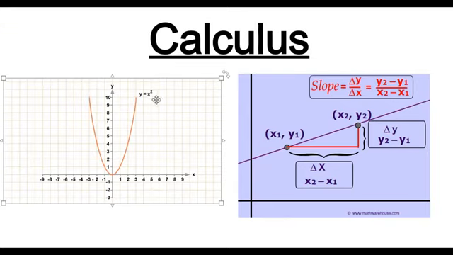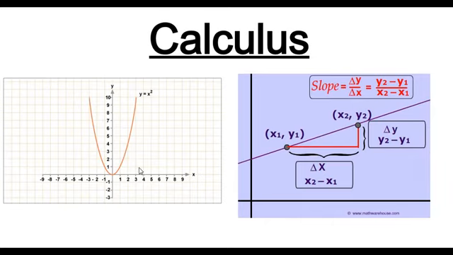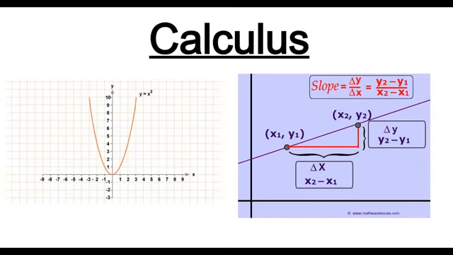So what if we had the graph y equals x squared? As you can see, it's curved, not a straight line. So you're thinking, okay, we could do the same thing. No, because it's not a straight line.